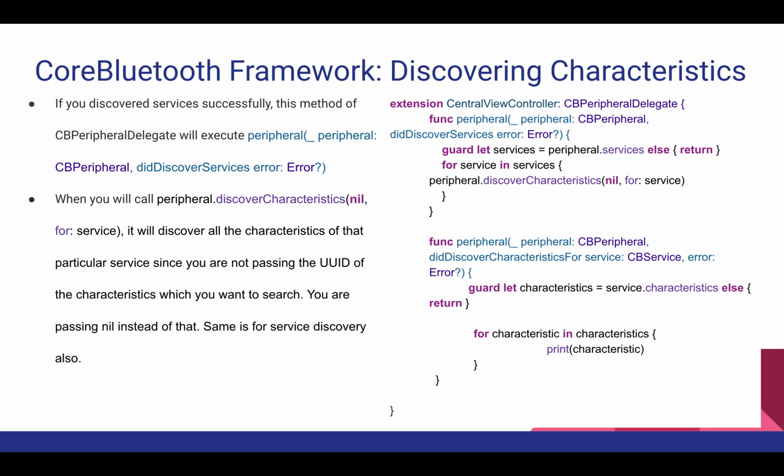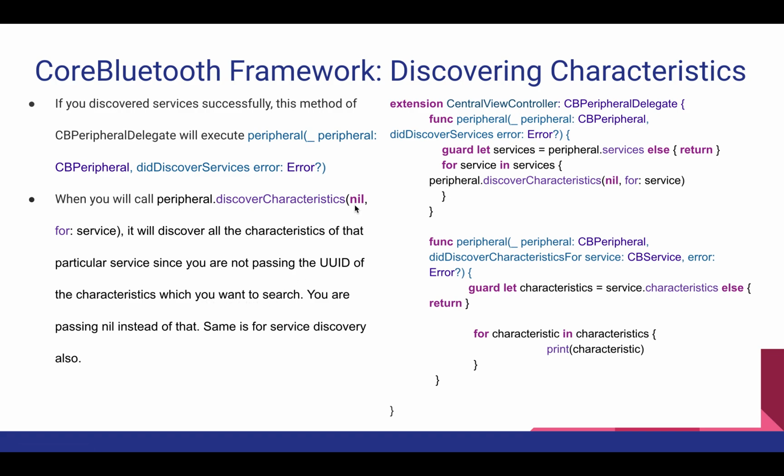If you discovered services successfully, the didDiscoverServices method will be called. Here I have implemented this method, right? When you call peripheral dot discover characteristics, it will discover all the characteristics of the particular service, since you are not passing the UUID of the characteristic which you want to search.